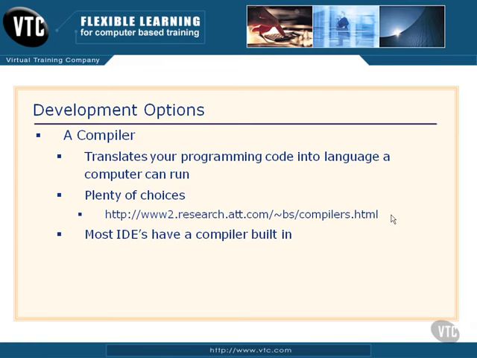It will allow you to run your code and check it and test it. But when we hit the little run program or debug button or whatever you want to call it, you're going to see something very similar in all the various IDEs. It is grabbing our code, and in the background it's calling a compiler, and it is compiling our code and then the computer is actually executing it.